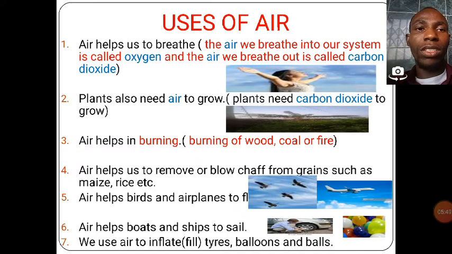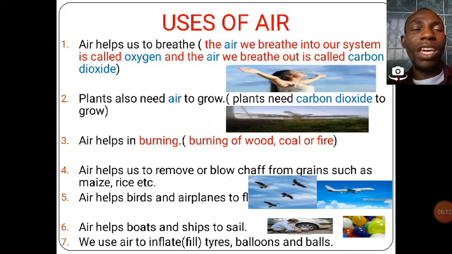3. Air helps in burning of wood, coal, and fire. This means that for air to be present, fire will be able to burn, or we can also say that air supports burning.